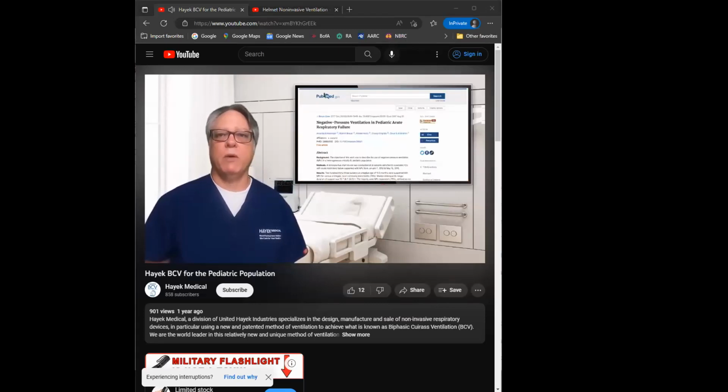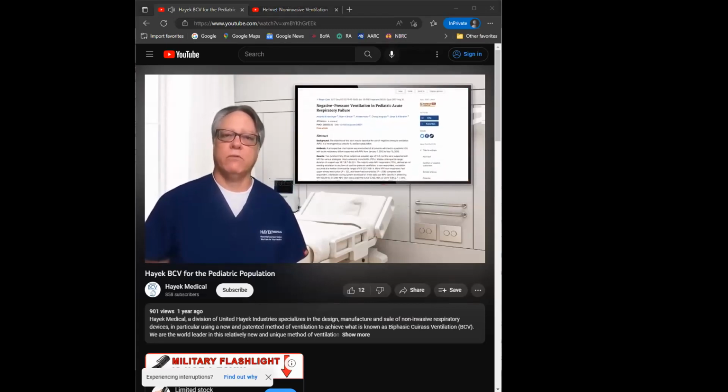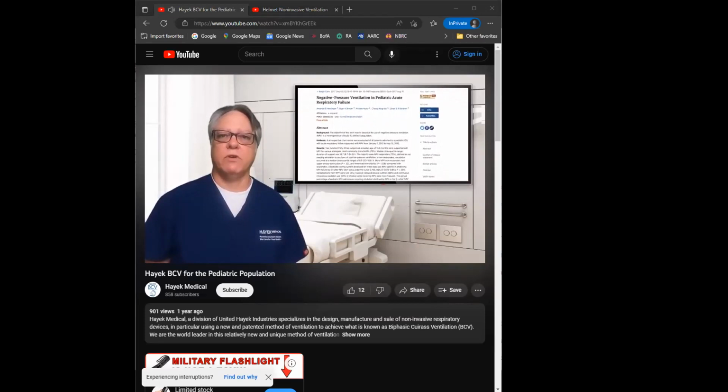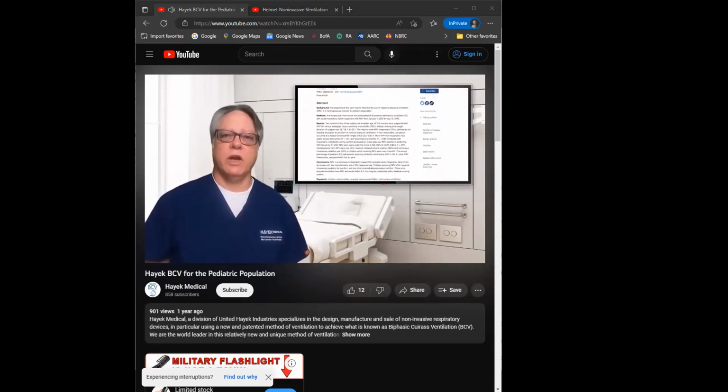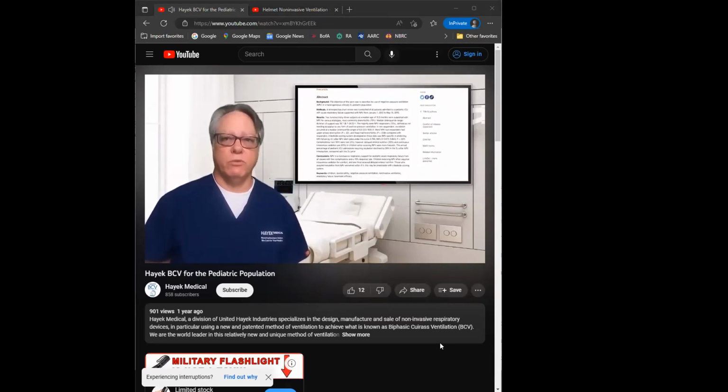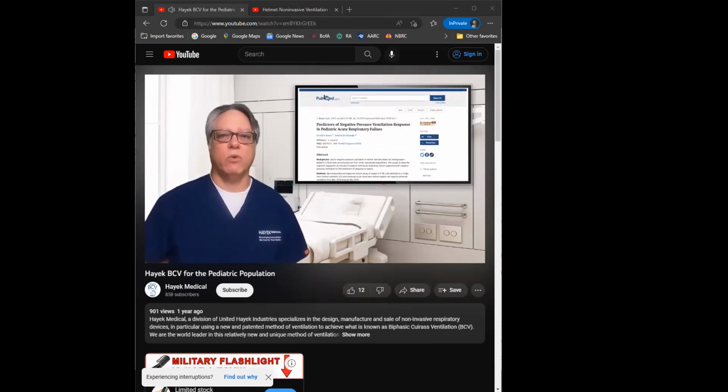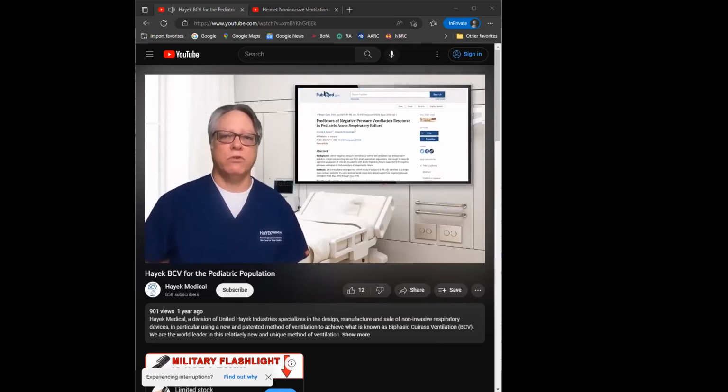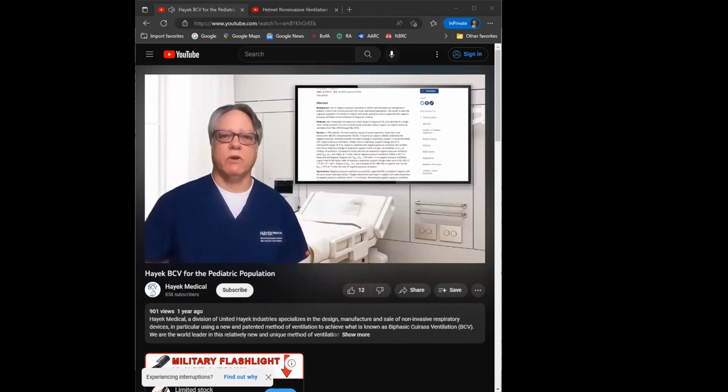The first pair of papers published in Respiratory Care Journal, the first in December of 17, negative pressure ventilation in pediatric acute respiratory failure, and the other found in the January of 2020 issue of the same journal, predictors of negative pressure ventilation response in pediatric acute respiratory failure.